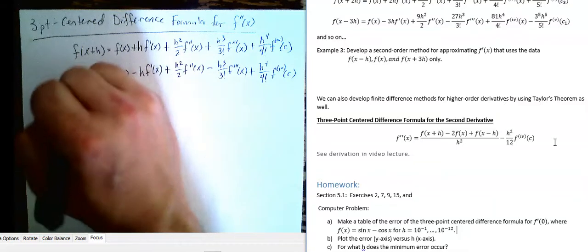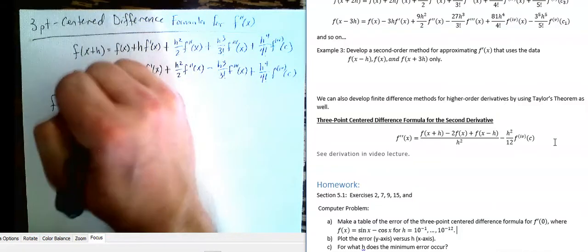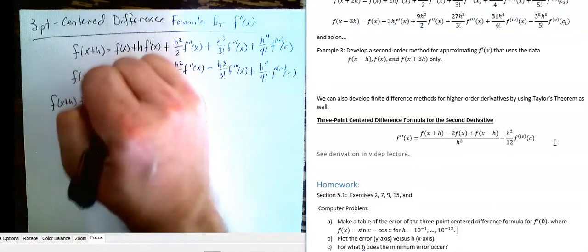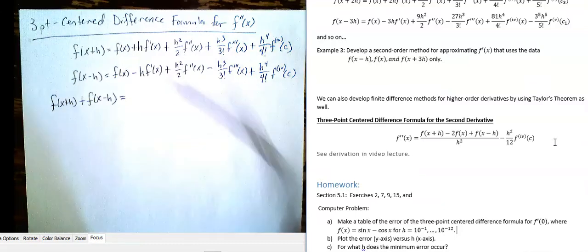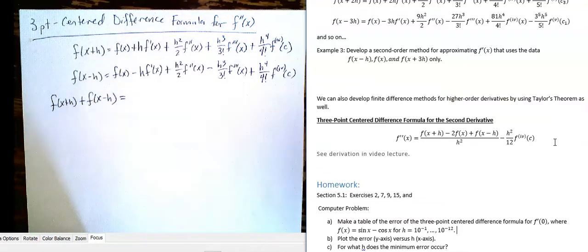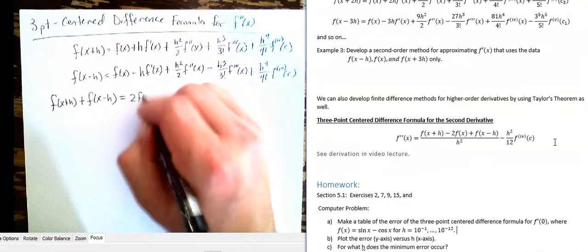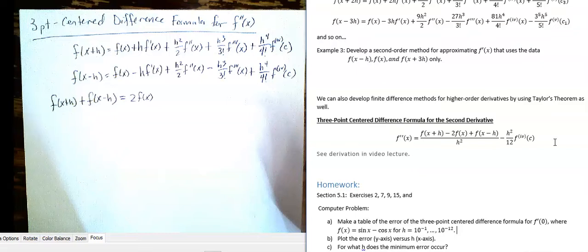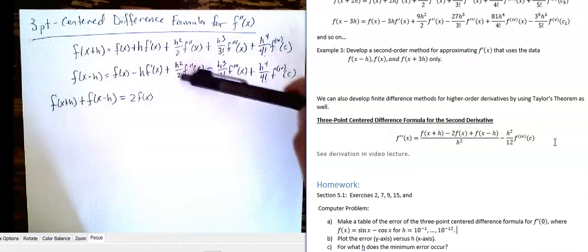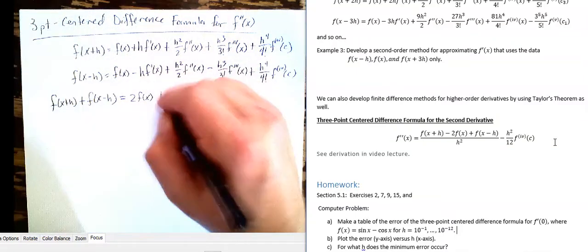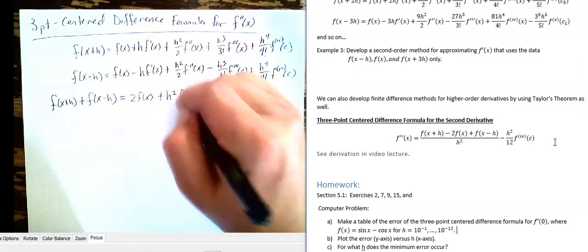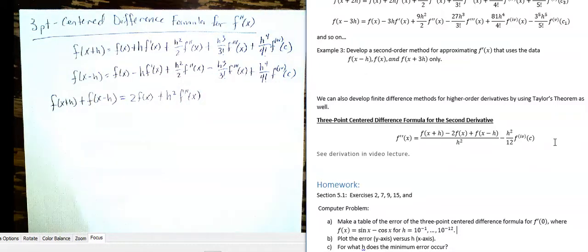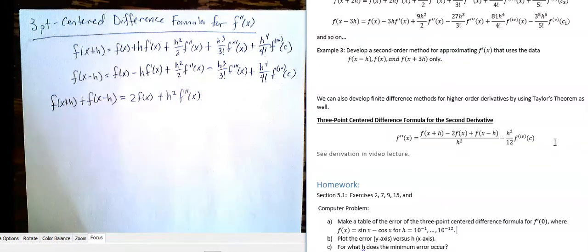So f of x plus h plus f of x minus h equals, now let's go term by term, add these, we get 2 of them. Add those, they are gone. Add these, we'll get h squared. Add these, they're gone.